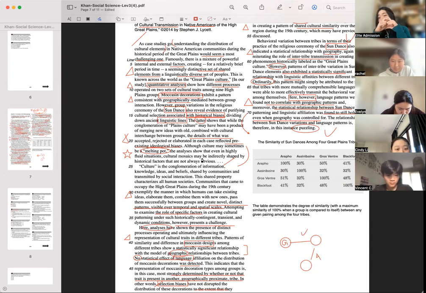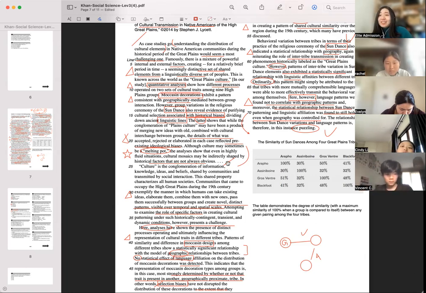What is a mosaic? Small tiles, like you use as a decoration. The difference between a mosaic and a melting pot is that in a mosaic they still have distinct boundaries. So maybe they're naturally shaped by historical factors that are not always obvious.